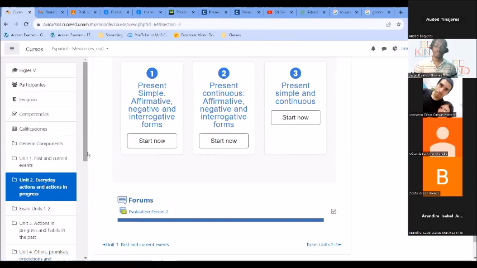And in Unit 2, you have activities to complete as well. All right? So give yourself some time to practice, jump on and complete what you have not completed yet. And this unit, we won't have a forum, but at the end, our goal is to do a review of 1 and 2 with exam 1 and 2. Okay? Let's do some more exercises.